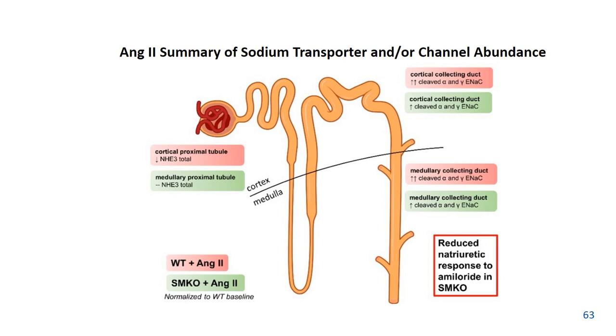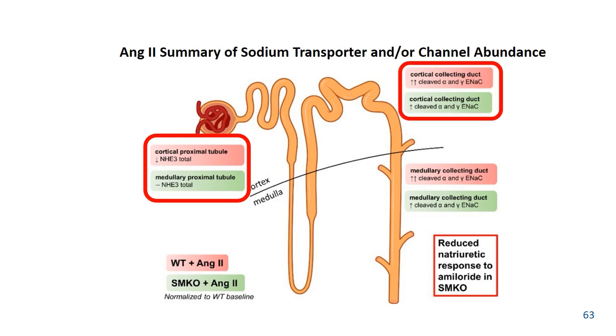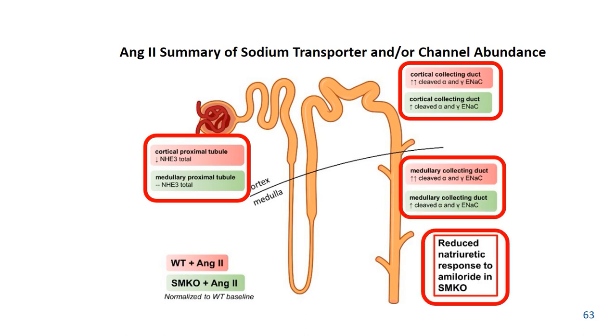And if you look at the Ang2 scenario, we have several alterations. One is you have this lack of NHE3 response that you typically see in the baseline state. You see lack of alpha and gamma ENaC in both the cortex and the medulla. And also this reduced natriuretic response to amiloride.